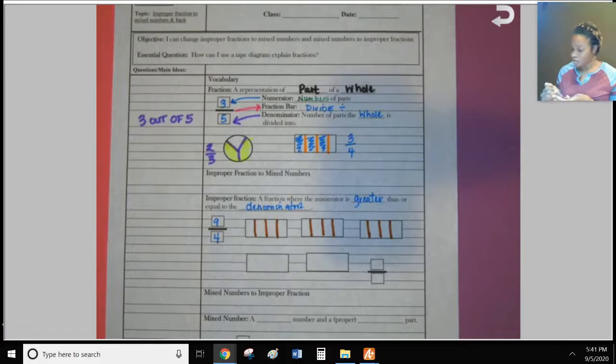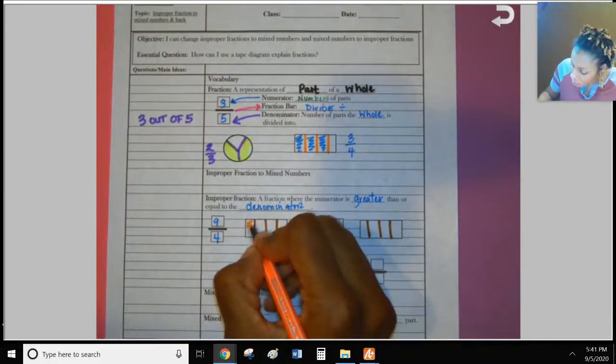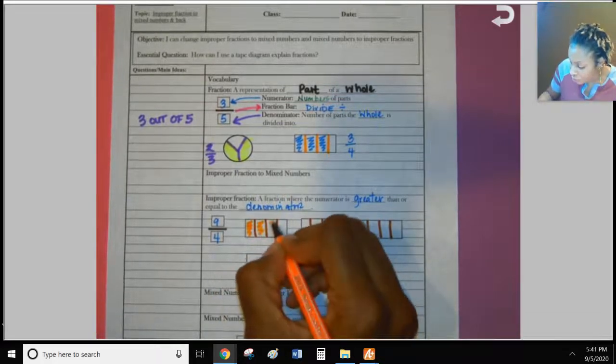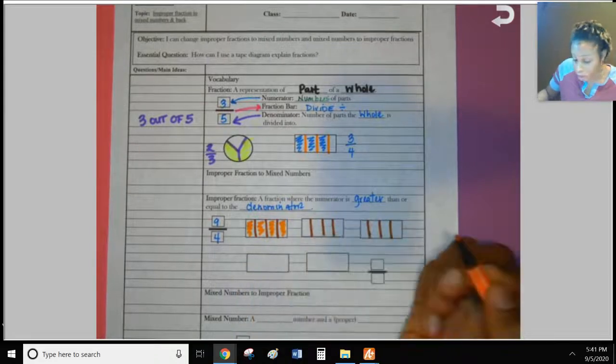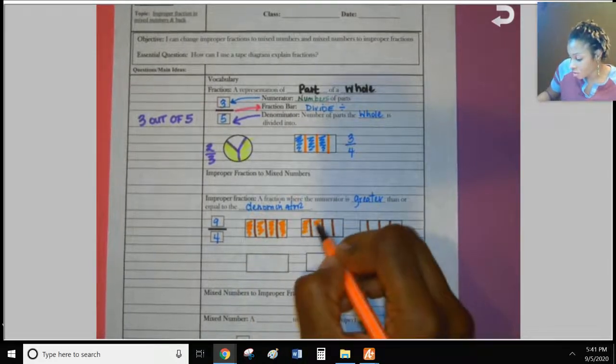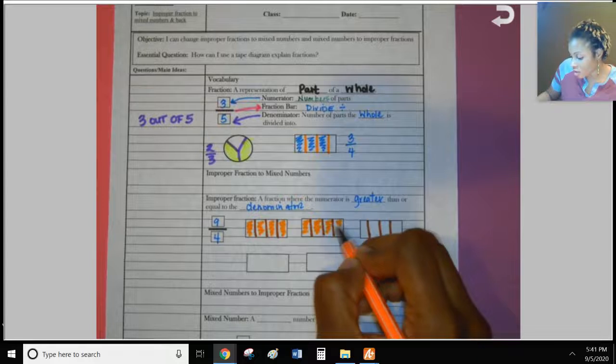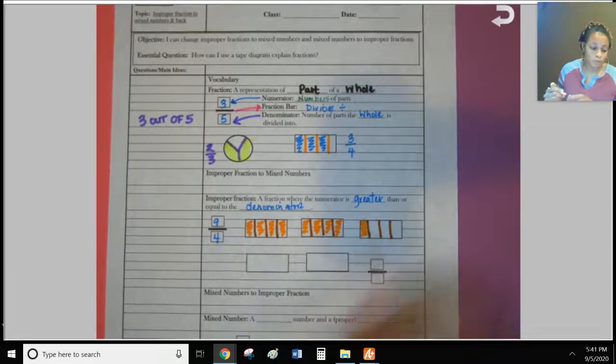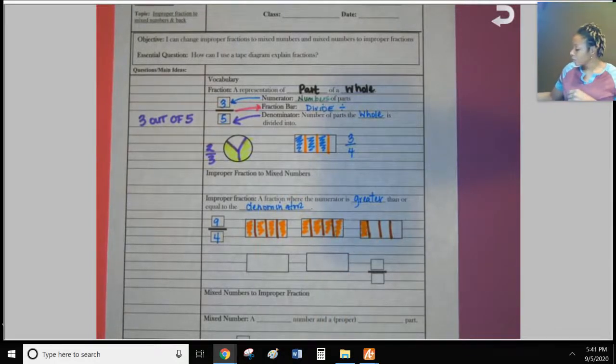The numerator tells me how many of those fourths should be shaded. I should have 9 of them. So this would be 1, 2, 3, 4, 5, 6, 7, 8, and 9. So when we look at them, this is 9/4.